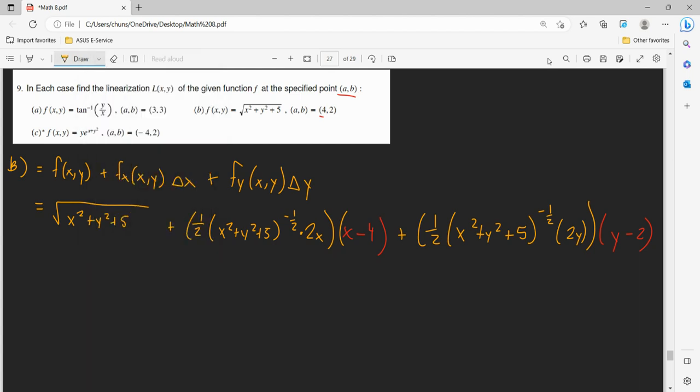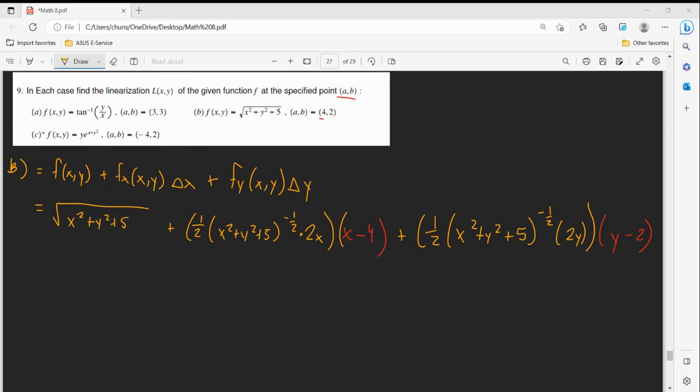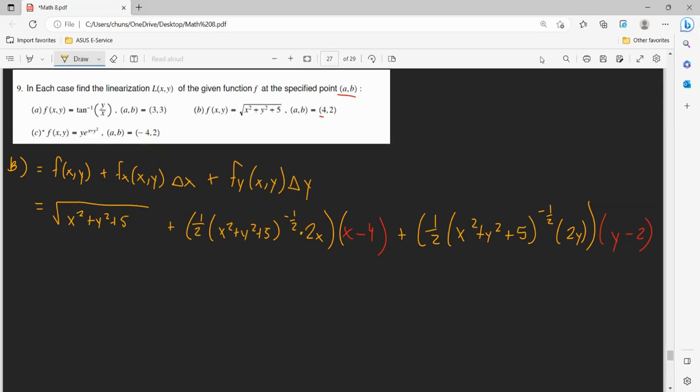And so once we solve this, we're going to plug in our a and b values for this part now, because those are our initial points. And we're going to keep x and y in these areas as their variable, but everywhere else we can plug them in.